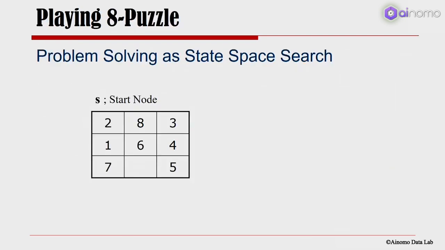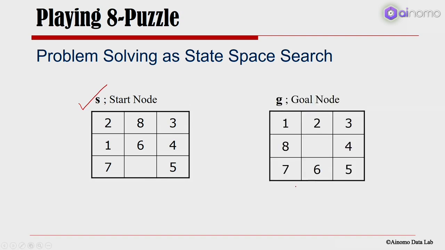So let's look at problem solving as state space search, and this is the start node which I wanted all of you to take note of. Here there are 9 tiles, one of them is blank, and you move the blank around to arrive at this goal position. Now, in the last class, we looked at how these expansions can take place given the 4 operations.